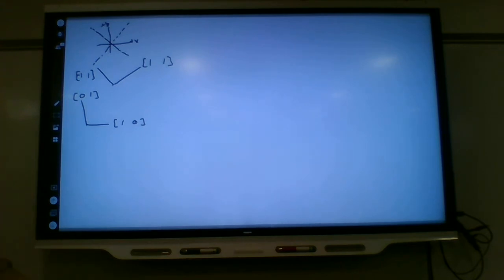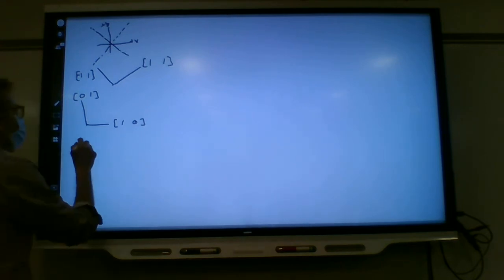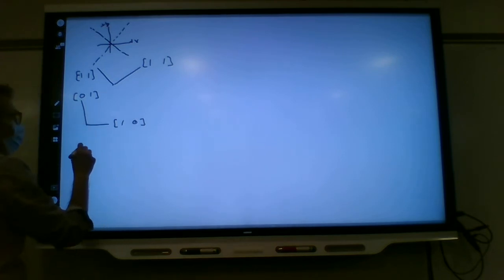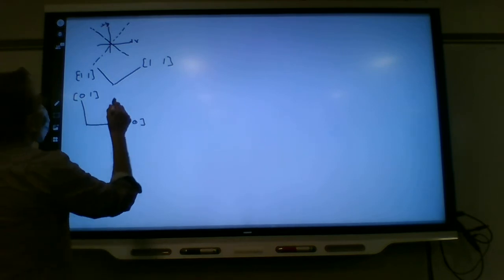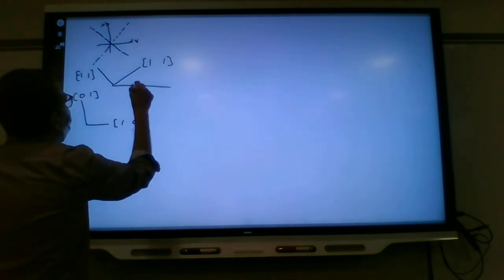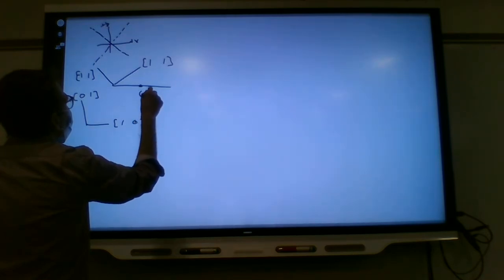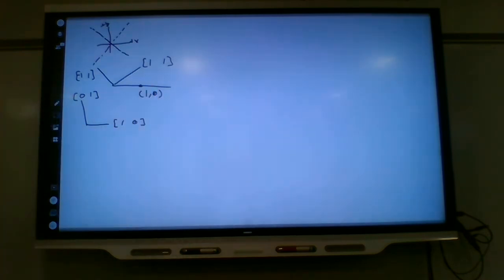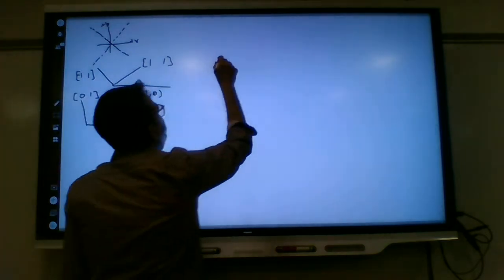So what if we wanted to describe, let's describe the point 1, 0. So 1, 0 is here. All right, so let's describe the point 1, 0 in this new coordinate system. So what do we have?